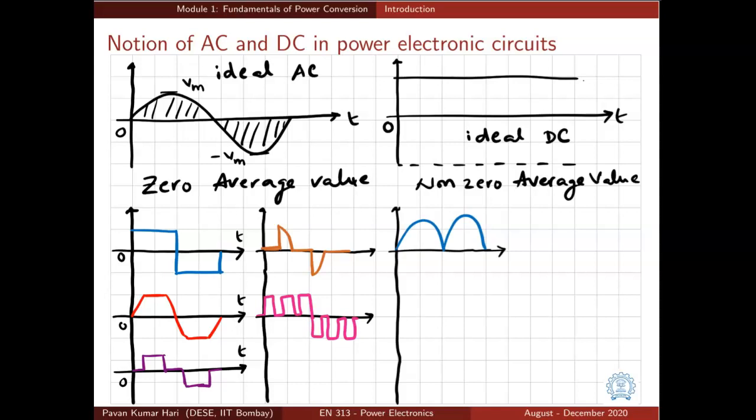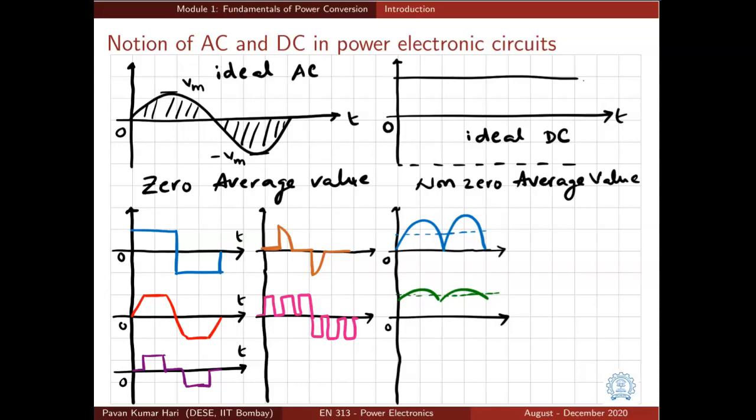So it has all positive values and it has a finite average value, positive average value. There is yet another example of a DC waveform. You can have this variation, a smaller variation. It doesn't come all the way to 0. It will have a positive average value.